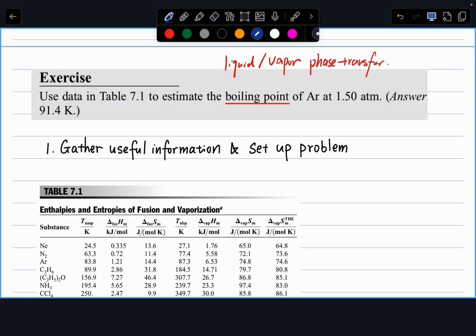So I can write down that I want to use the natural log of P2 over P1 roughly equals negative delta HM over R times (1 over T2 minus 1 over T1). This is what's in my mind when I'm reading this question.